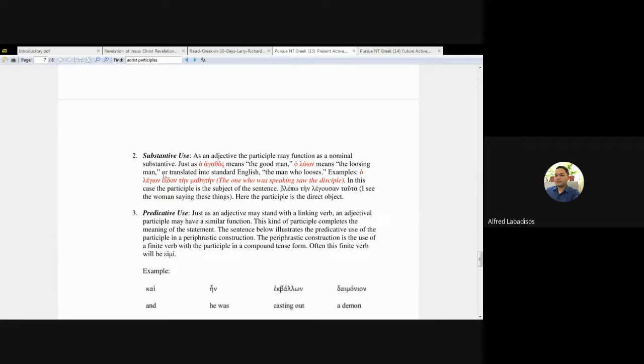Example: ho legon eide tous mathetas, the one who was speaking saw the disciples. Here ho legon is functioning as a substantive, because we don't have an explicit subject, and the participle functions as a noun, as the subject.